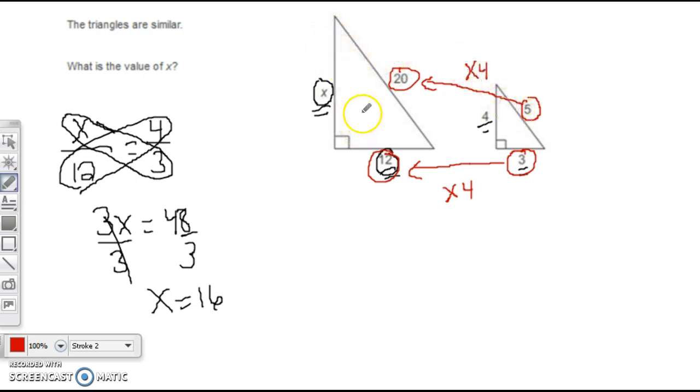So this bigger triangle is 4 times bigger than the smaller triangle. So you could have used the scale factor to say, okay, to get from 4 to the next number, I have to multiply by 4. And 4 times 4 is 16. So you can either set up your proportions or you can use scale factor.